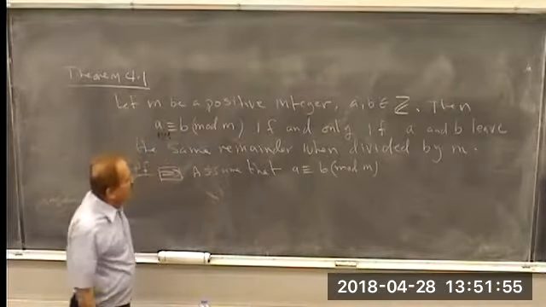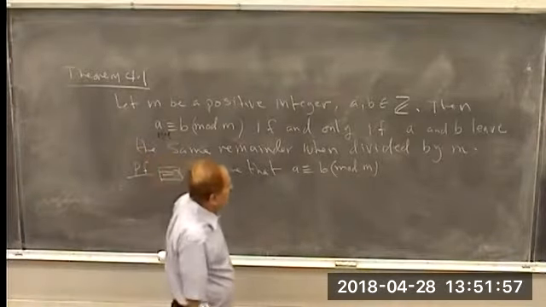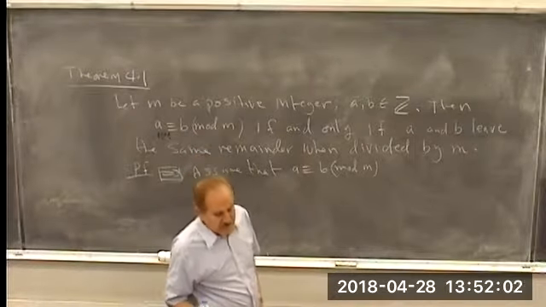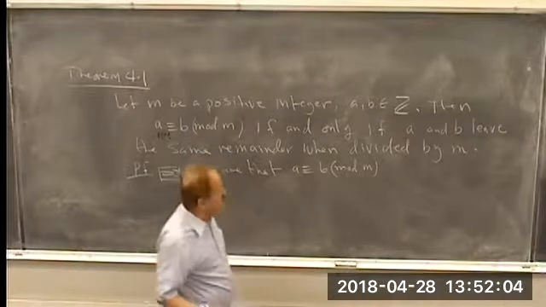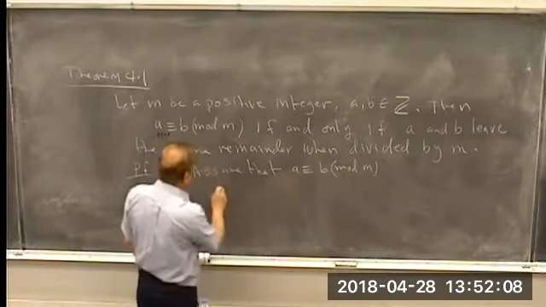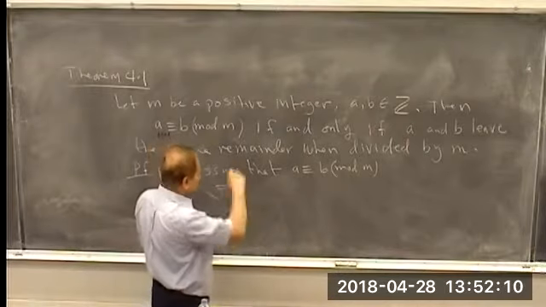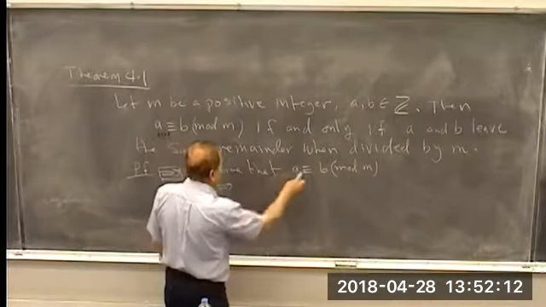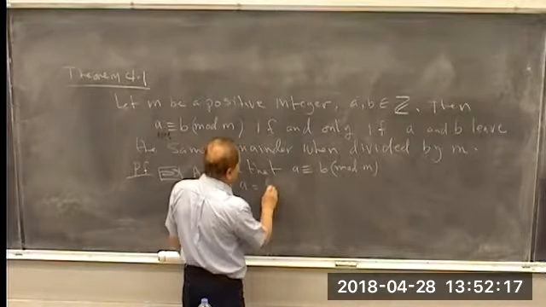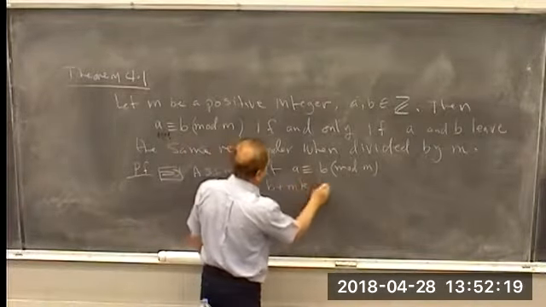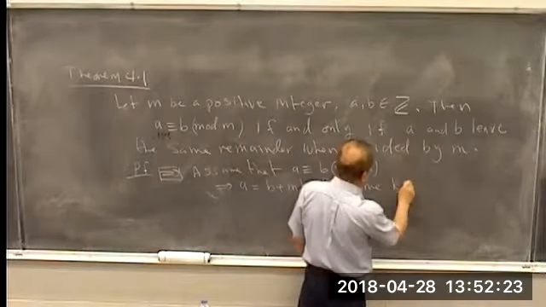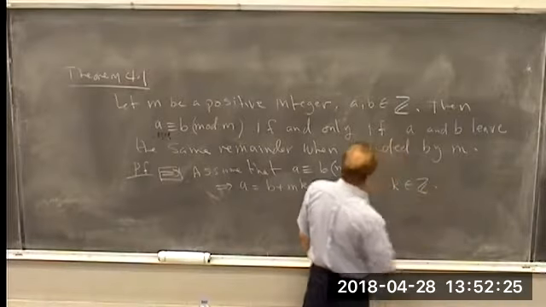Well, we can go about this in different ways. First of all, we can use the previous theorem, that this congruence means A is equal to B plus mk for some k in Z.